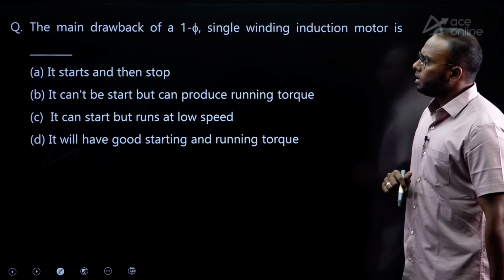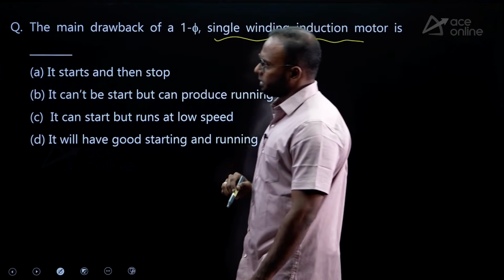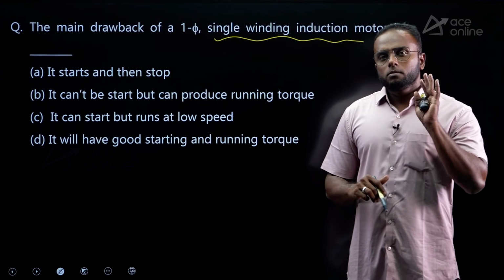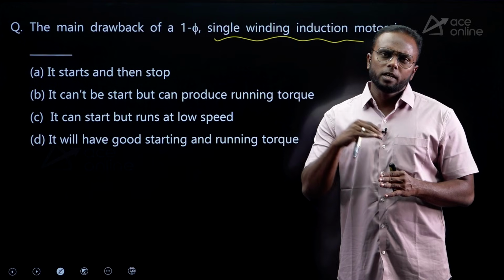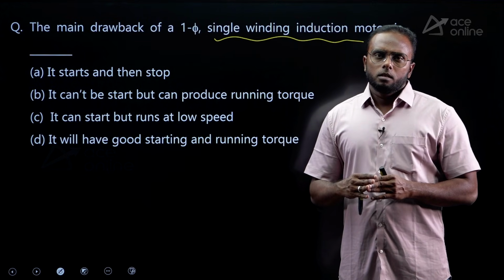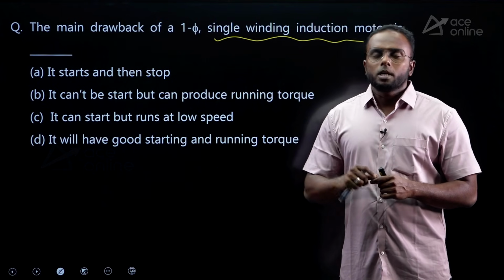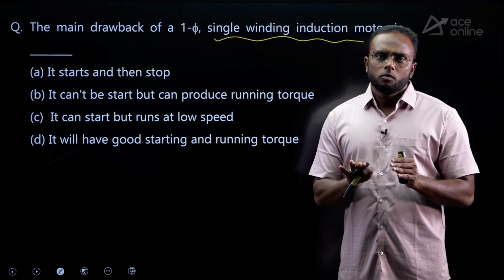Next question. The main drawback of single phase single winding induction motor is dash. What is the drawback of single phase single winding? Generally in single phase induction motors we have two windings, main winding and auxiliary winding. Why do we keep the auxiliary winding? To make it self start. But if there is only a main winding without auxiliary winding, what is the drawback?